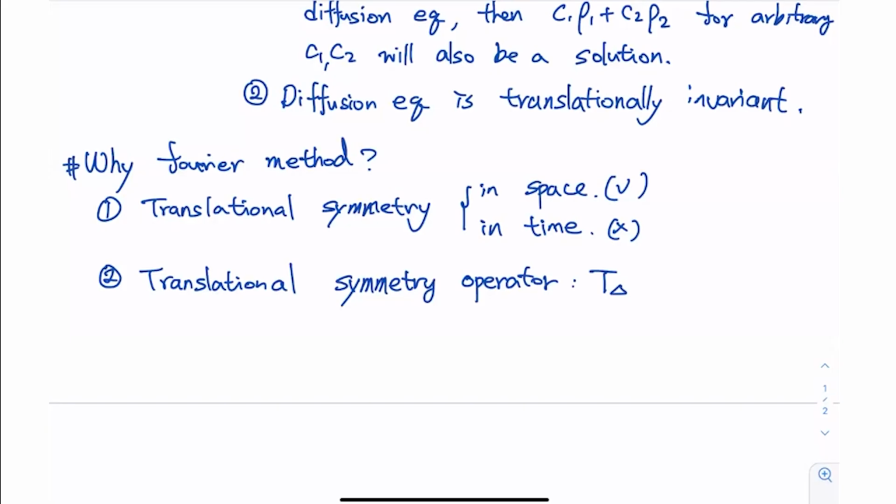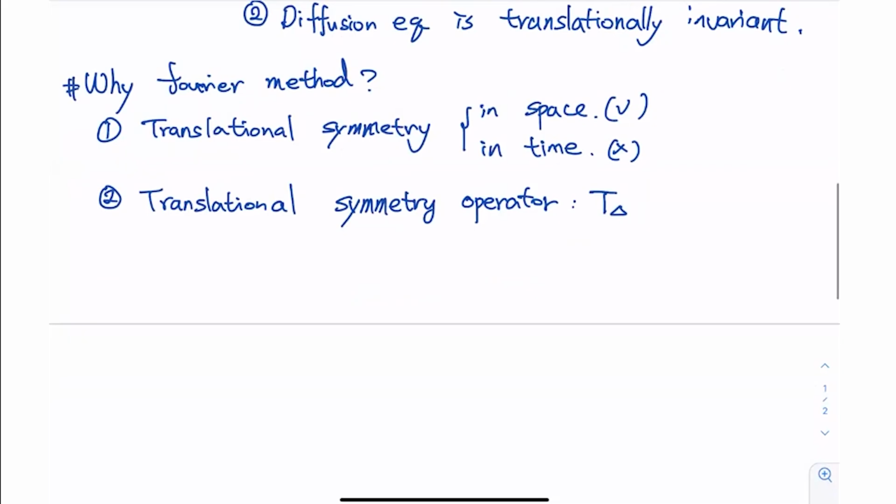Then we can write down the definition of the translation operator acting on the time-evolved density profile. So let's write down what I meant.